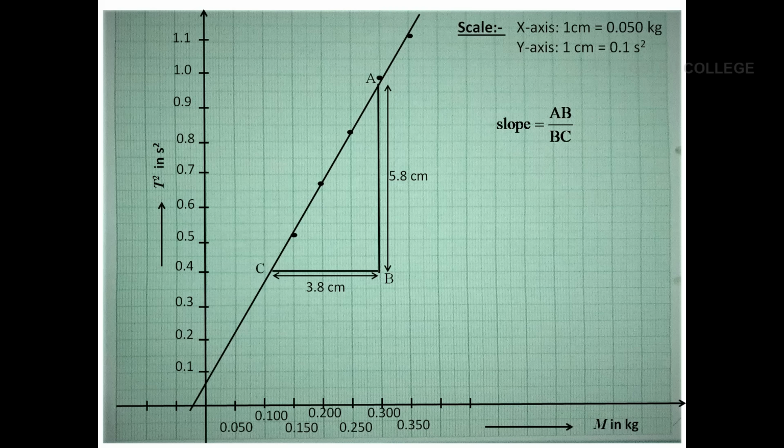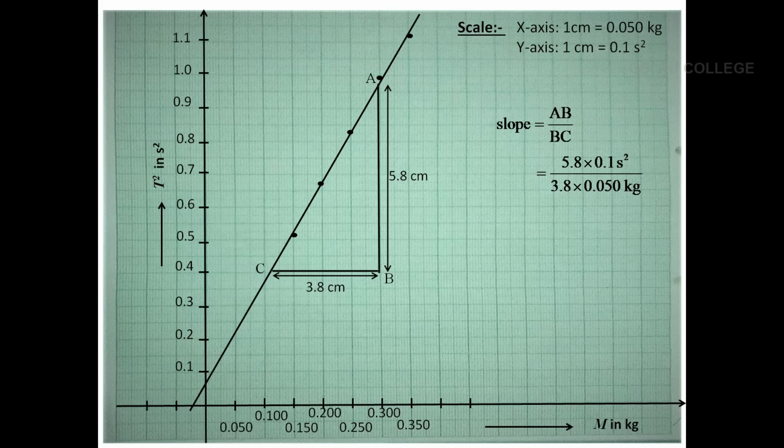Let's substitute the values. AB is 5.8 centimeter, but along the y-axis, if you observe the scale, 1 centimeter value is 0.1 second square. Therefore, you need to multiply the length of AB with 0.1 second square because it is the scale of y-axis.